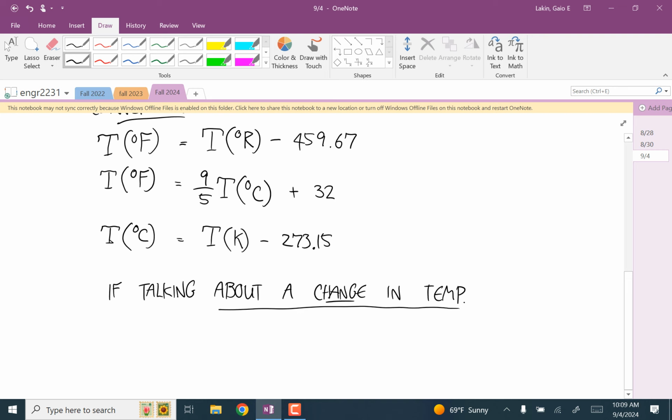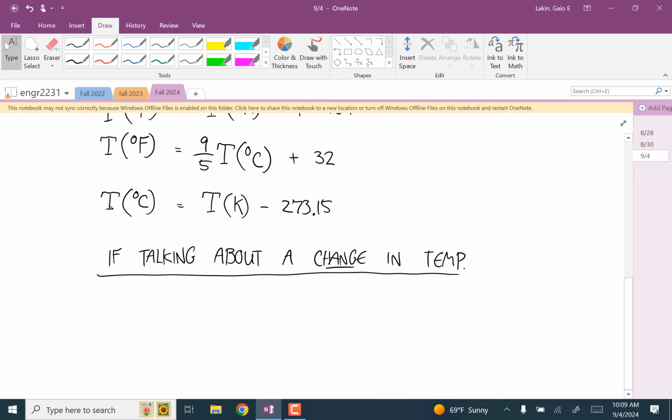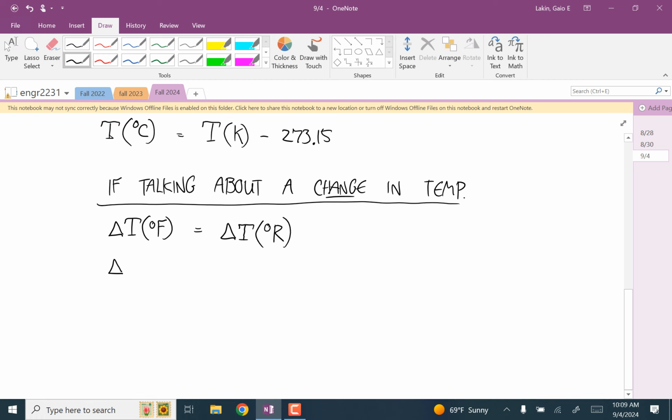So if we're talking about a change in temperature, then a change in the Fahrenheit temperature is the same as the change in the Rankine temperature because they have the same scale. The change in the Fahrenheit temperature is just 9/5 times the change in the Celsius temperature.